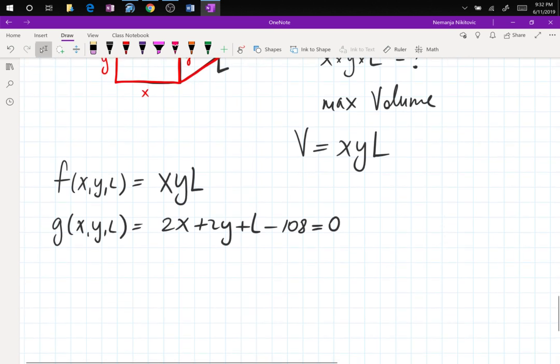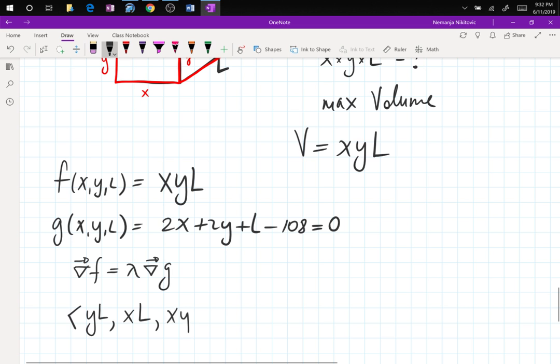And now we just solve it. We have our del f equals lambda del g. So the partial derivative of f with respect to x is yL, with respect to y is xL, and with respect to L is xy, equals lambda. On the other side, the partial derivatives are, with respect to x, 2, with respect to y, 2, with respect to L, 1.